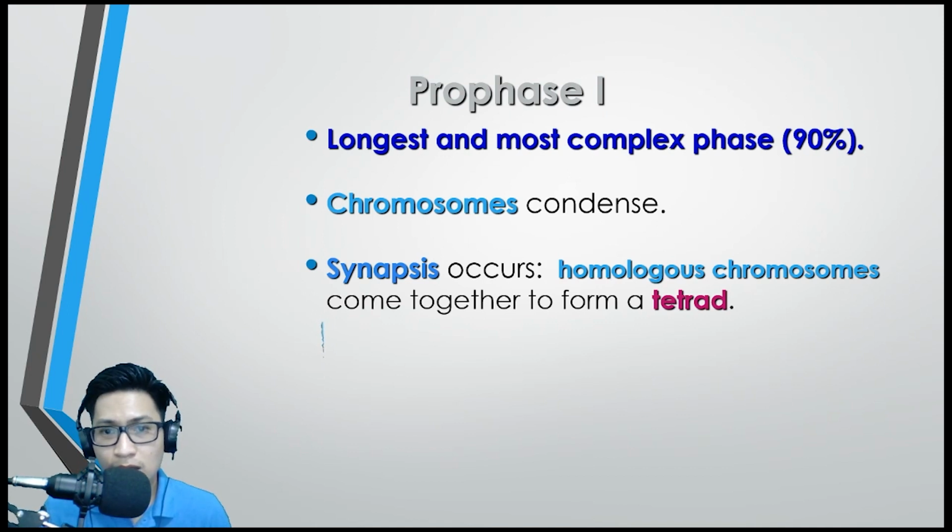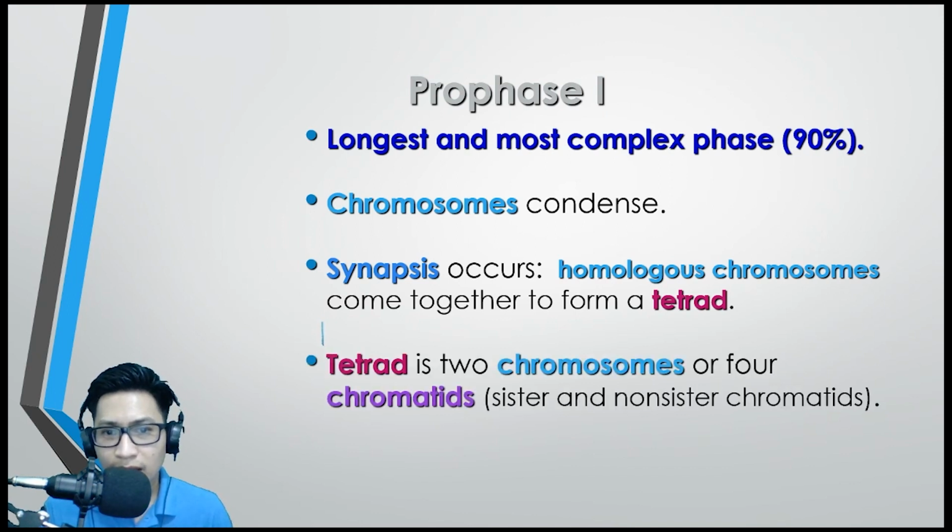That forms 2 sister chromatids. And since we have 2 types of homologues, one paternal and one maternal, we have homologous chromosomes. They will come together and form what we call a tetrad. A tetrad is 2 chromosomes or 4 chromatids, sister and non-sister chromatids. We will talk about the sister and non-sister chromatids in a while.